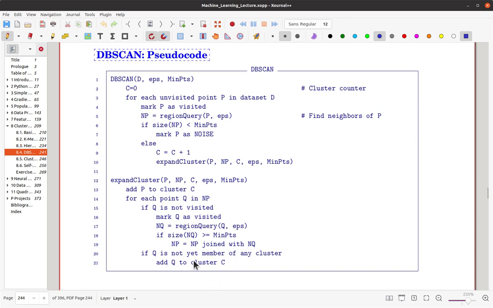And if Q is not yet a member of any cluster, then add Q to cluster C. Because Q is a neighbor of P, it is a reachable point, so you have to add it.